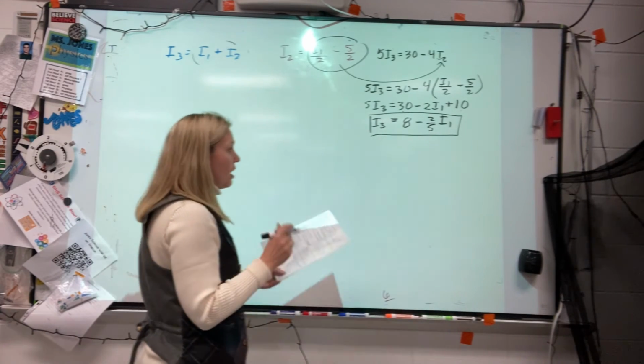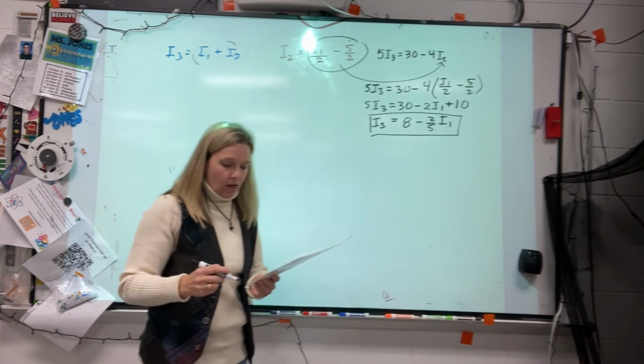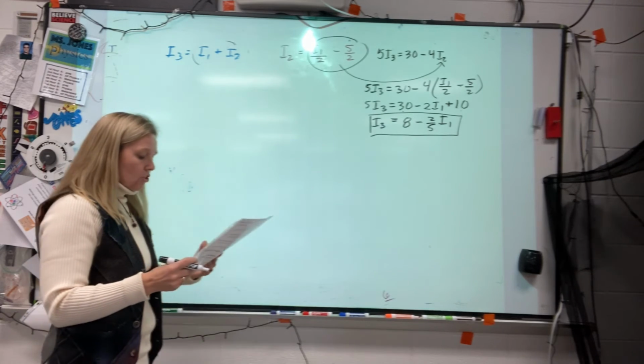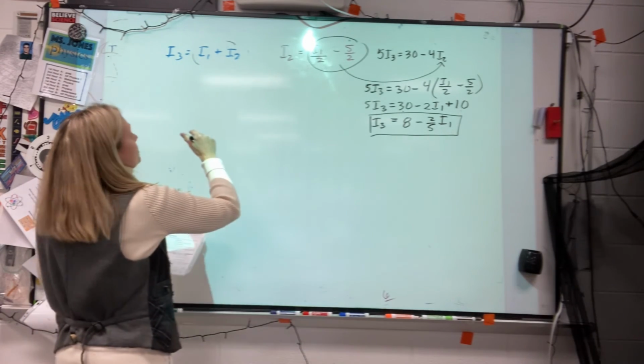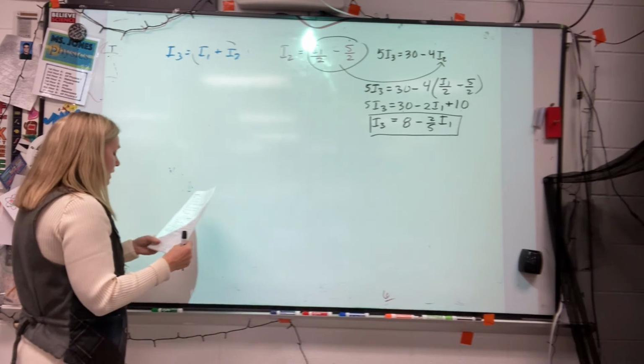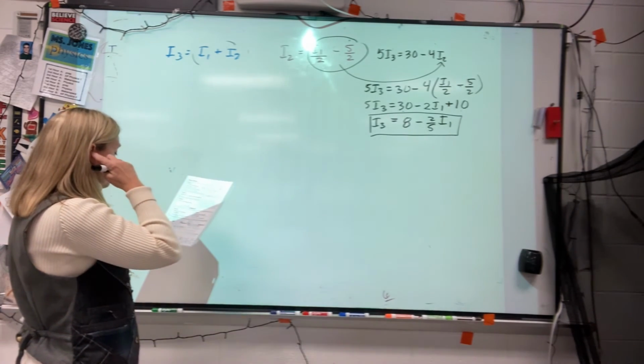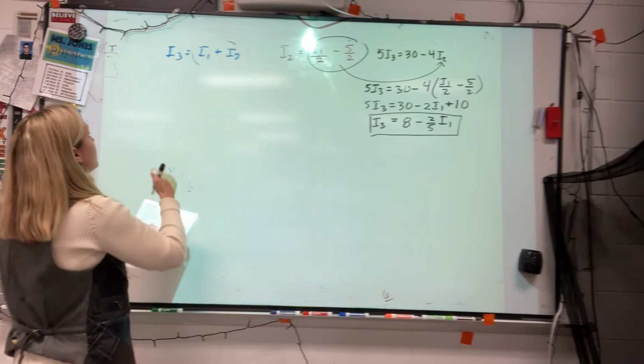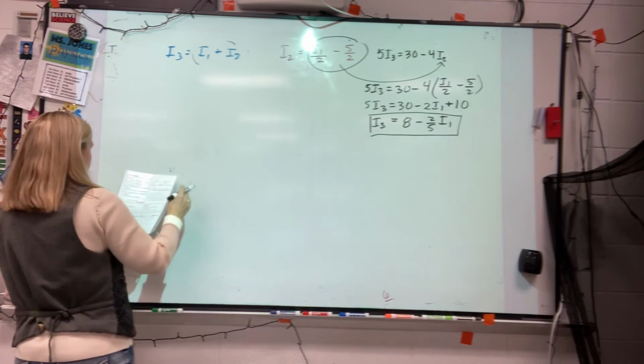So I have I3 in terms of I1, and I have I2 in terms of I1. And now we get to have some more fun. Look what we're going to do.